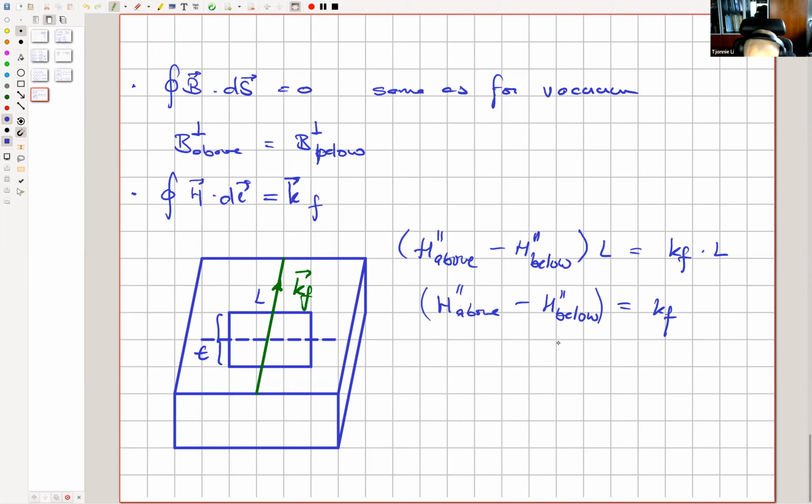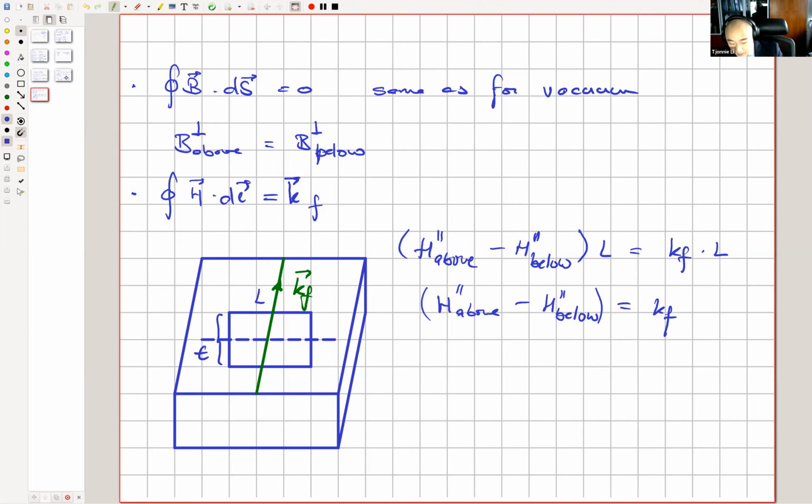Okay, now what we basically have is a set of boundary conditions that look almost the same as before, but now using the free current and free charges.